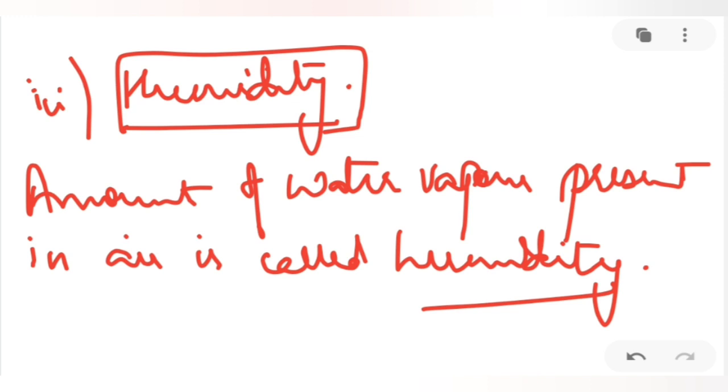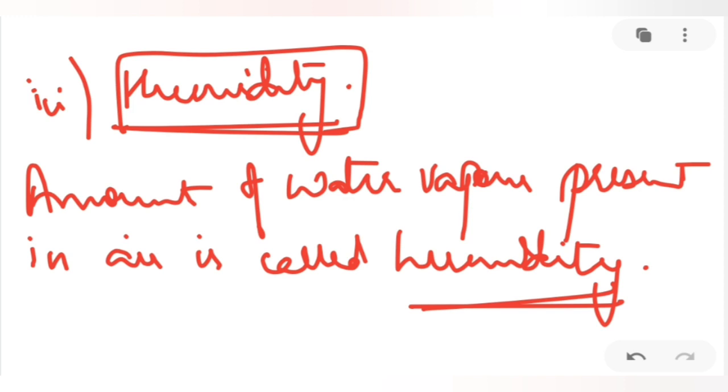In the atmosphere surrounding us, there are tiny drops of water in the form of water vapor, and this water vapor in the atmosphere is known as humidity, and we are not able to see this water vapor.